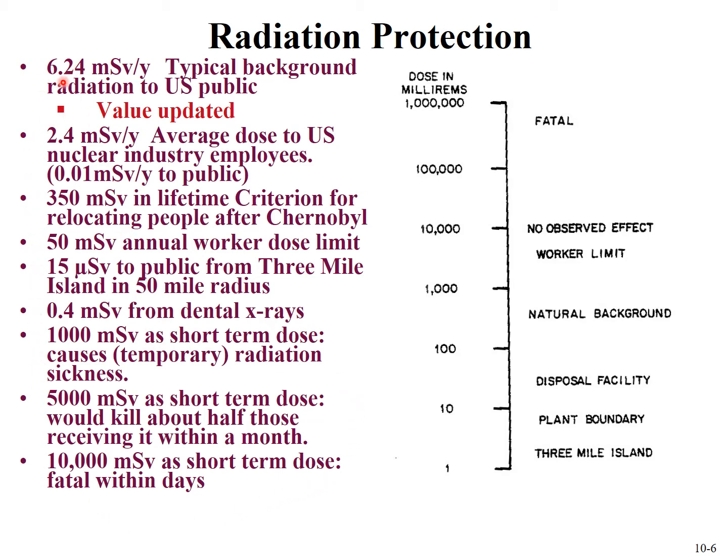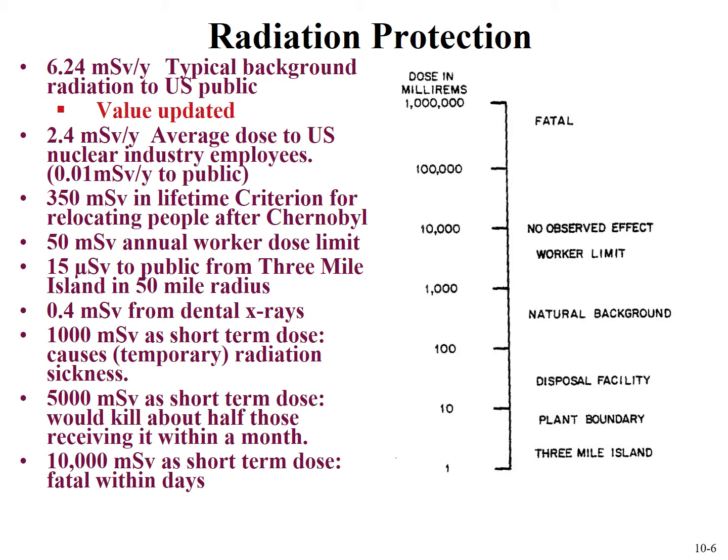If you look at the annual background of about 6 millisieverts per year, a temporary short-term dose of 1,000 millisieverts causes radiation sickness. 5,000 millisieverts, 5 sieverts, short-term dose would be an LD50 for a month. And 10,000 millisieverts, 10 sieverts as a short-term dose would be fatal.